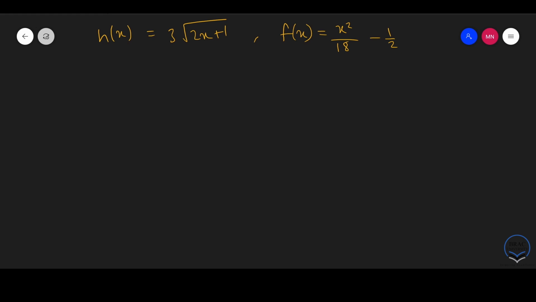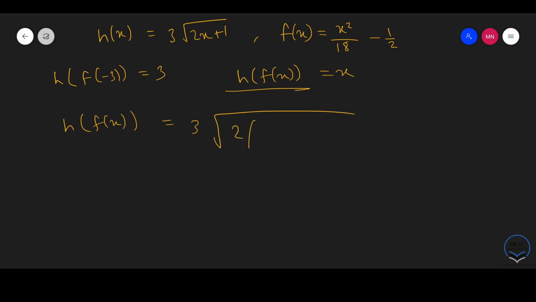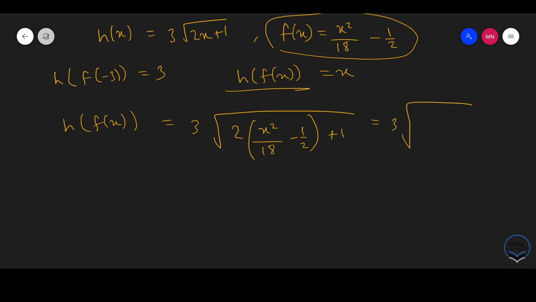We found that h of f of minus 3 gave us 3, right? But we know that h of f of x should give us x, right? So we can try and find this. So h of f of x is equal to the square root of 3 times 2 times the function f of x. We have x squared over 18 minus half, plus 1. So this gives us 2 divided by 18, so we have x squared over 9.